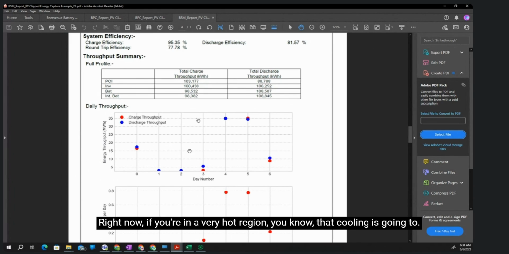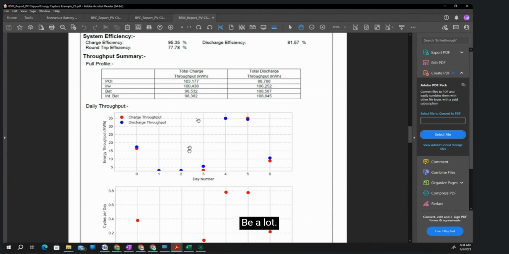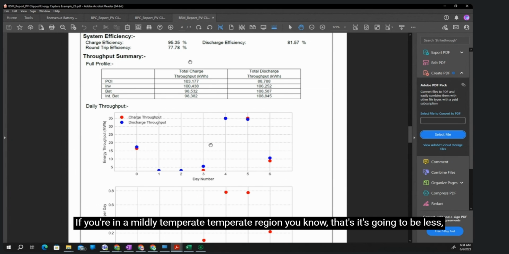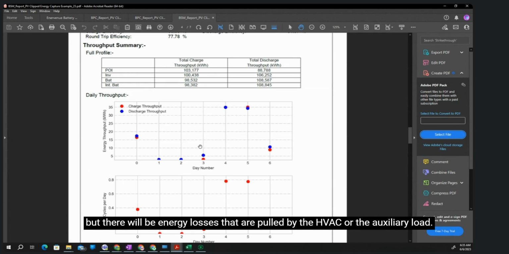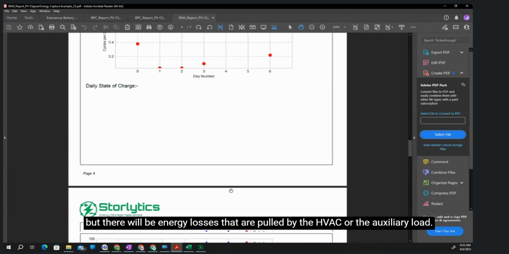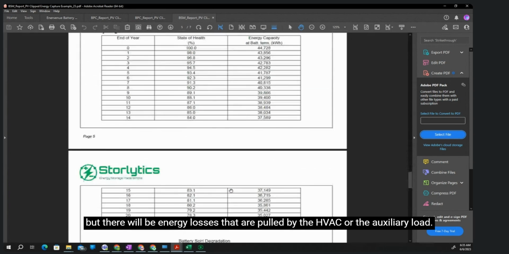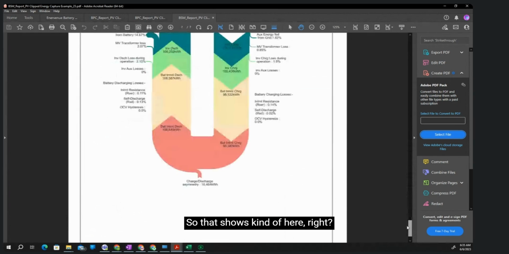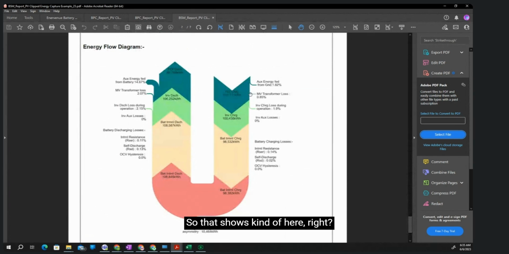Now, if you're in a very hot region, that cooling is going to be a lot. If you're in a mildly tempered region, it's going to be less. But there will be energy losses that are pulled by the HVAC or the auxiliary load. That shows here: aux energy fed during charging and aux energy fed during discharging.